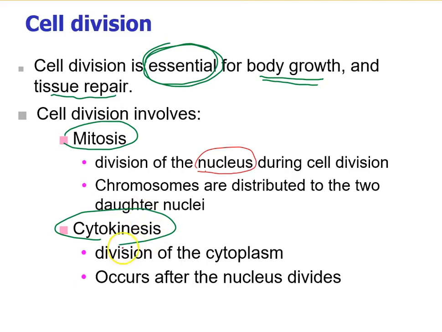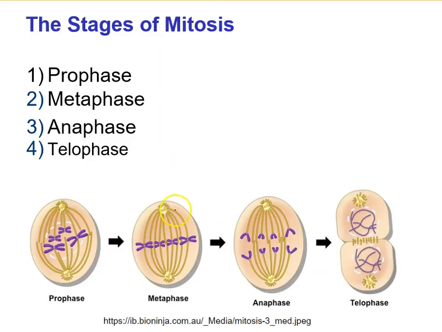And cytokinesis means division of the cytoplasm, which occurs at the end of mitosis, or after the nucleus divides. So make sure you know mitosis is division of the nucleus and cytokinesis is the division of the cytoplasm.